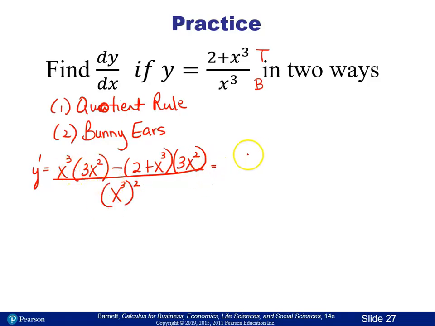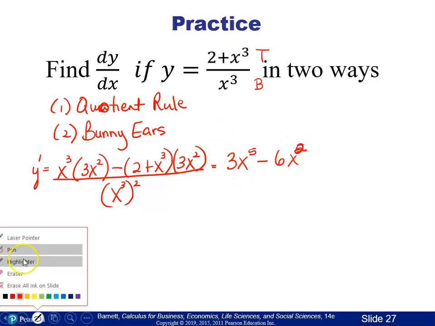Okay, so that would be 3x, add your exponents, so 3x to the 5th minus 2 times 3 is going to be 6x, actually, 6x to the 2nd.